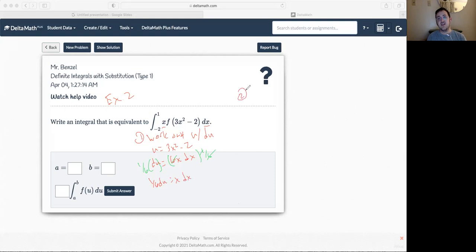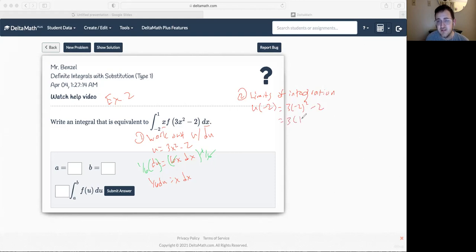The second thing that I want to do is the limits of integration. So I'm going to do u of -2. That's going to be 3 times -2 squared minus 2.